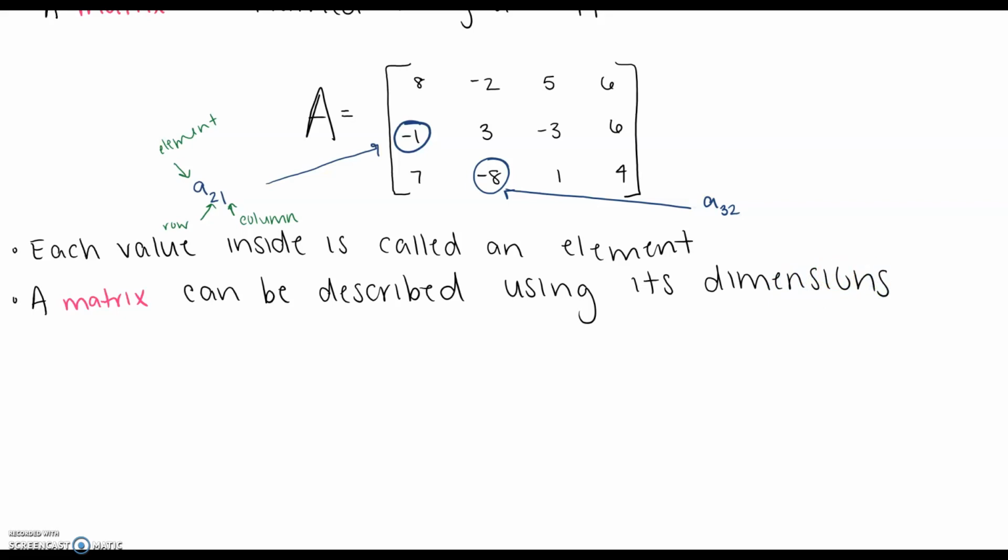So matrix A is a 3 by 4 matrix, rows first. So remember, row first, then how many columns?